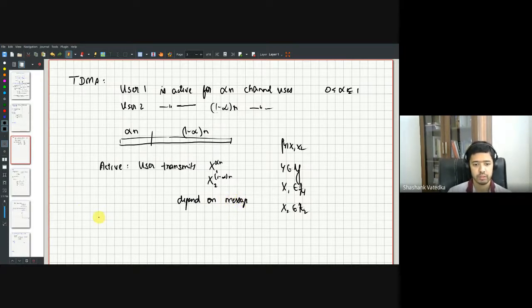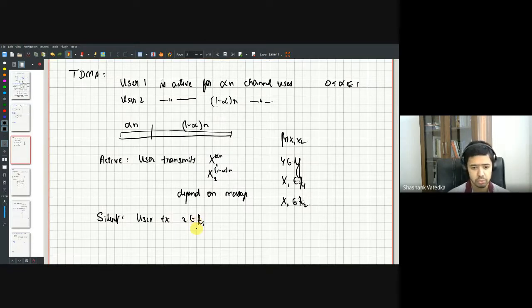So what does it mean for someone to be silent? The user transmits the same symbol, all the time. For all the alpha n channel uses, or the 1 minus alpha n channel uses that it is silent, it always transmits one particular symbol, and this symbol is known to everyone.